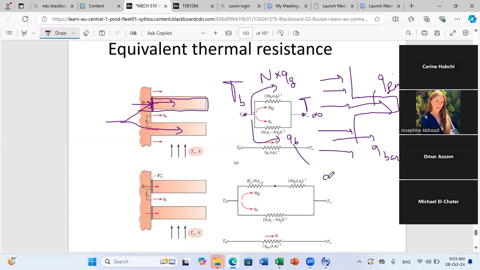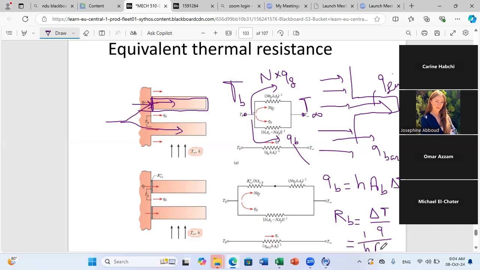You know that Q base is equal to the convective coefficient H times the area of the base times delta T. And we know that the resistance at the base is delta T over Q, which is 1 over H times area base.